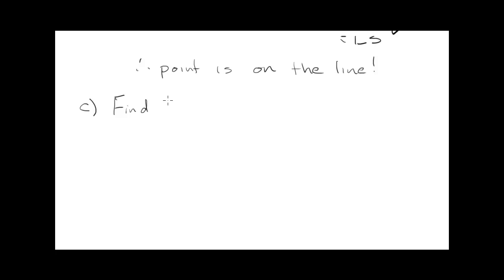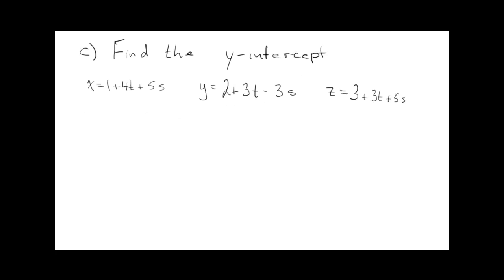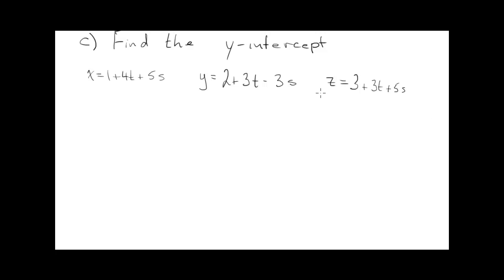Okay. So, final example, we're going to find the y-intercept of the same line. So let me just rewrite them quick. So there were your parametric equations. So when we were in R2, the y-intercept occurred when x was equal to 0. But now we have this extra thing, z, and the y-intercept is actually going to occur when x and z are equal to 0.